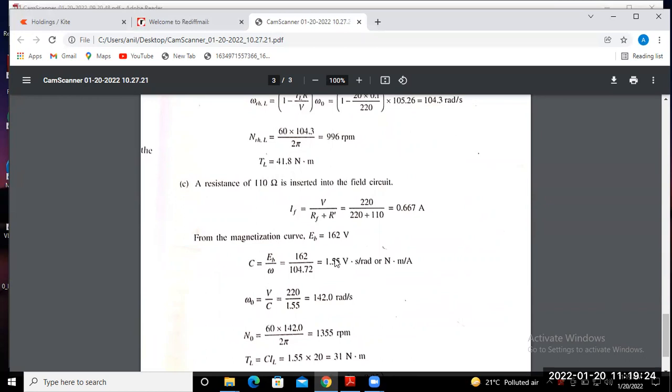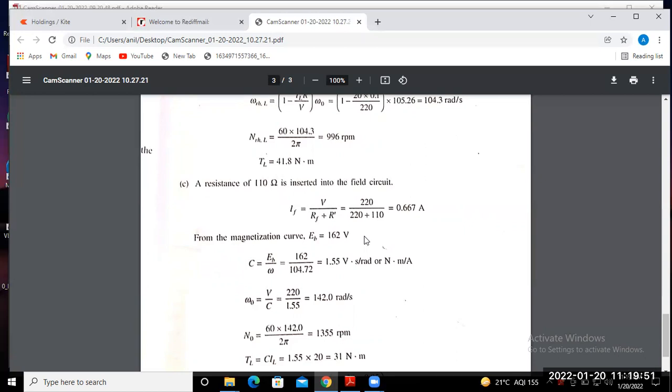So 1.55 into armature current, that is 20. If you simplify this equation, then you will get the torque value, that is 31 Newton meter.